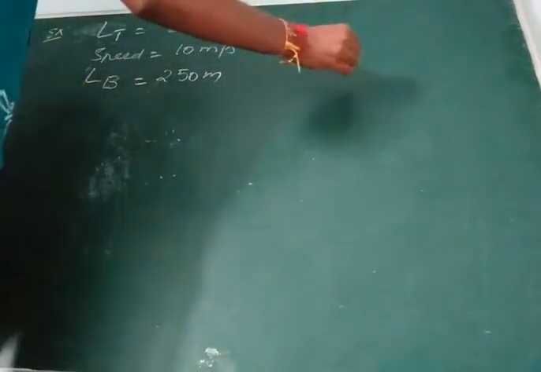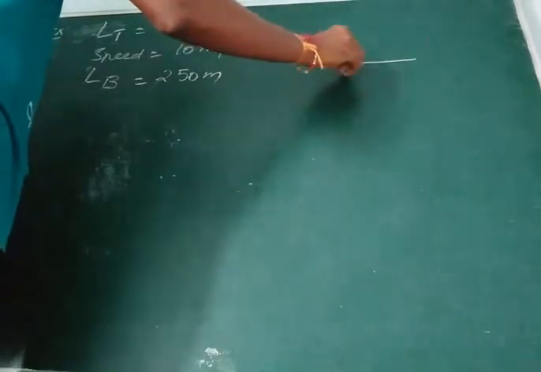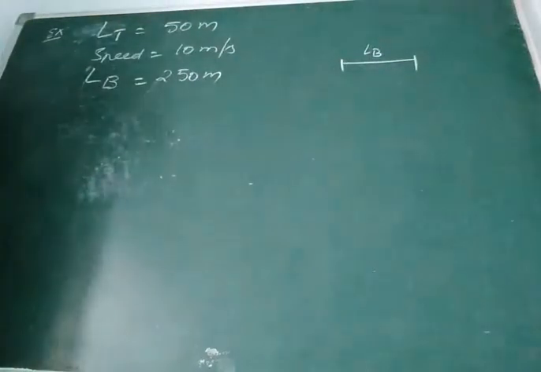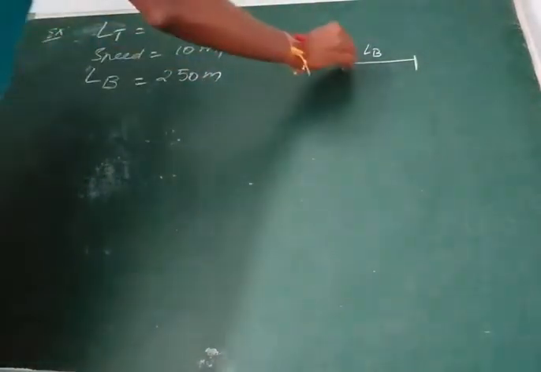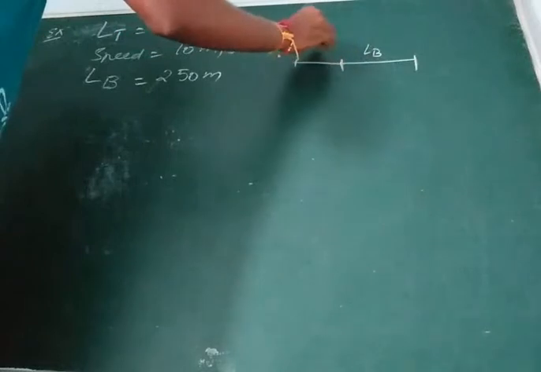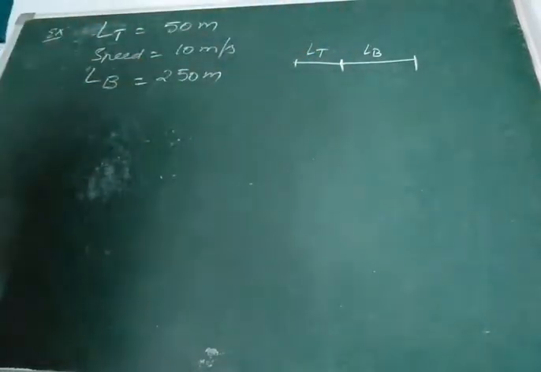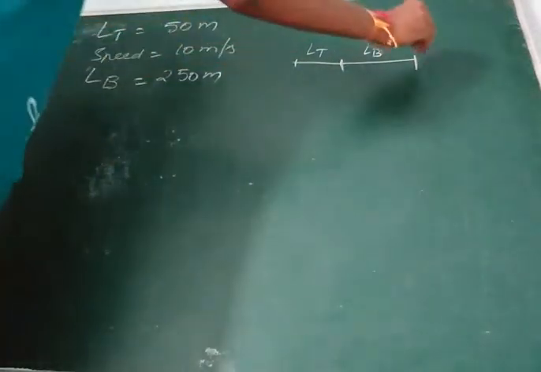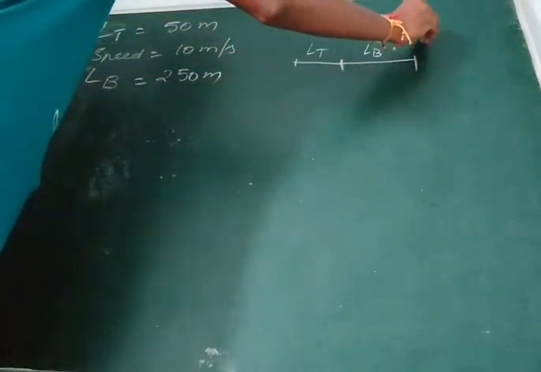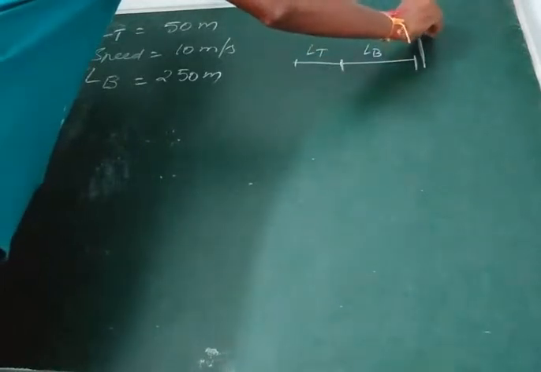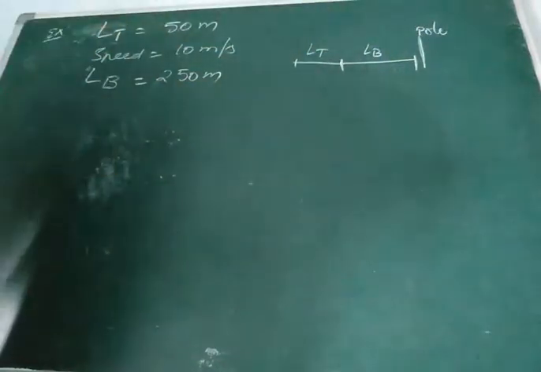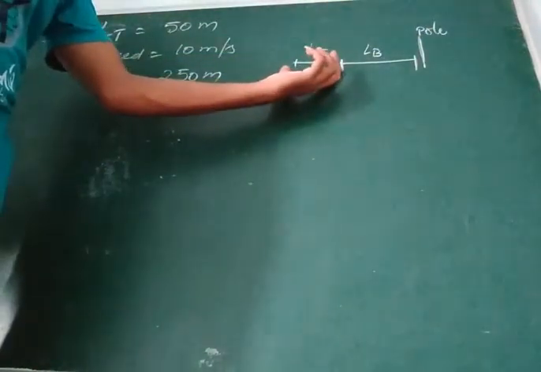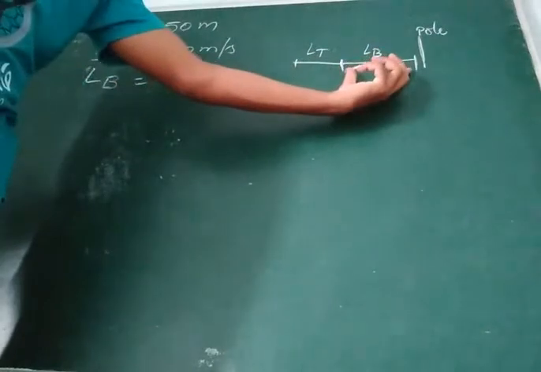Okay, it is the bridge length, and it is the train length. Here there is a pole, at some particular place. So it is the train length and it is the bridge length.